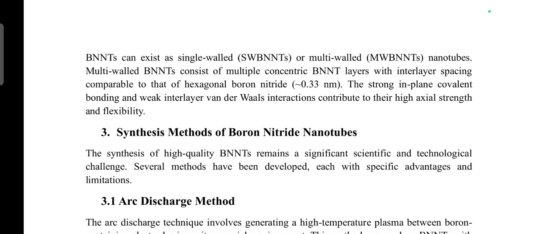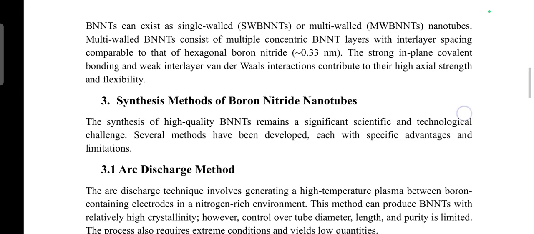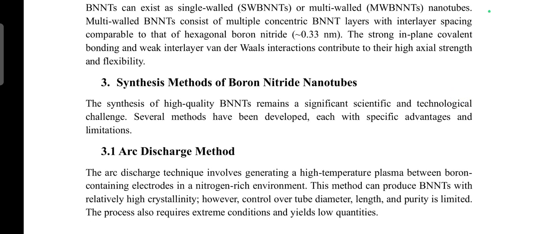Then we can say that boron nitride nanotubes can exist as single-walled and multi-walled nanotubes, while the strong in-plane covalent bonding and weak interlayer van der Waals interaction contribute to their high axial strength and flexibility.